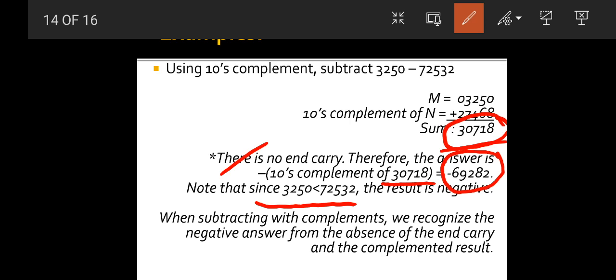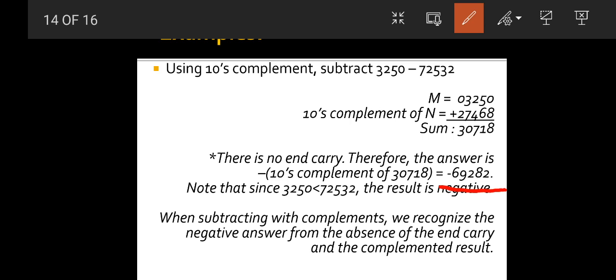So note that since your 3,250 is less than your 72,532, the result should be in negative sign. So mag-add ka og negative sign. That's why your answer is negative 69,282.